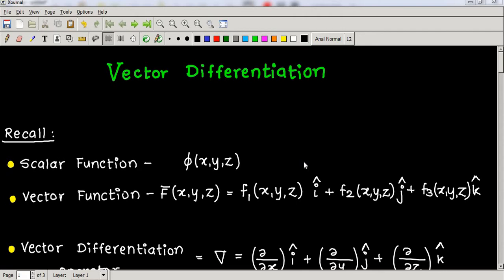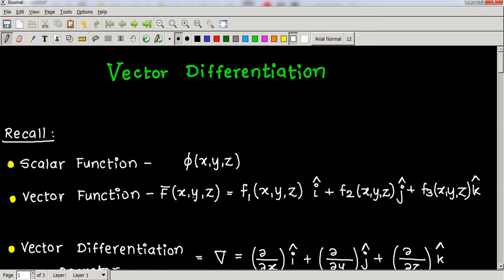In the previous lecture, we discussed vector differentiation, scalar function, vector differentiation operator, and what is the gradient of a scalar field. So we quickly recall: a scalar function is a function which depends upon the variable set x, y, z only for its values, and it has nothing to do with directions.